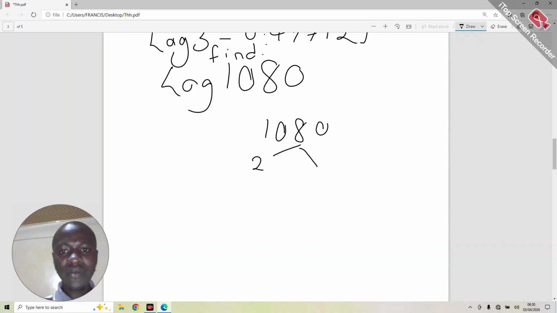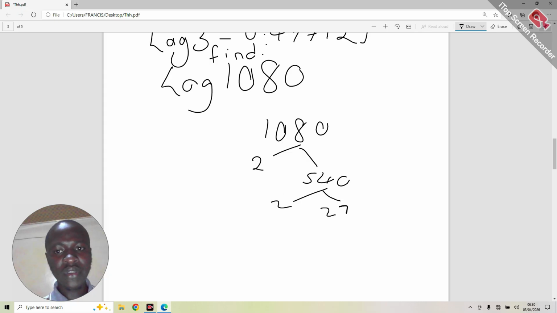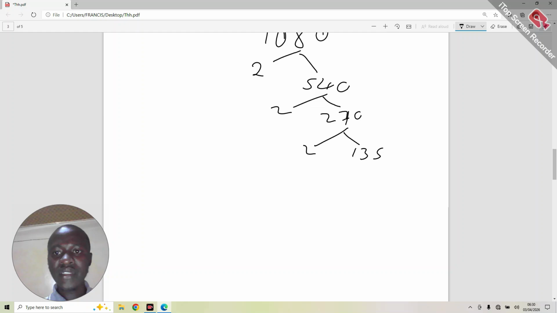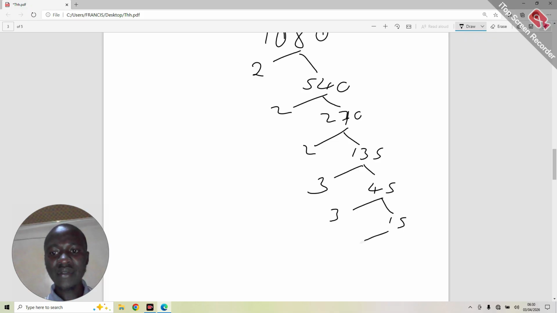So let's factorize 1080. I told you to have your calculator. So we have 2, 540. 2 goes there, 2, 270. 2 goes there, 2, 135. 2 cannot go into that one. 3 goes, so 3, we have 45. 3, we have 15.